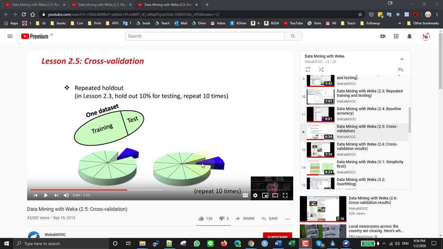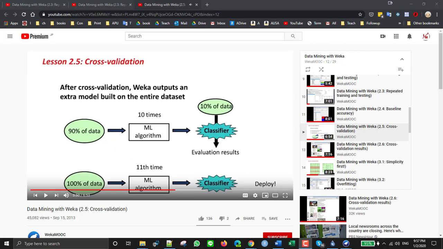Then you repeat it again, but this time you take a different slice out for testing and train on the other ones. You do that for all 10 slices, holding out one of them for testing each time. Then you can average all of the estimates of the accuracy to get the most realistic estimate of the accuracy.